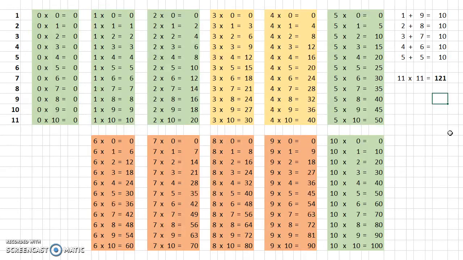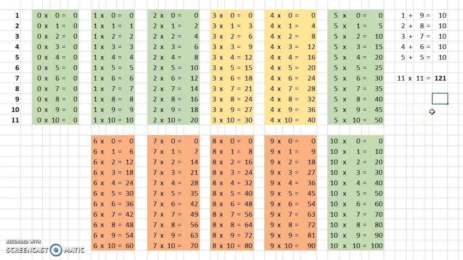Normally you would go about it by learning the first multiplication table, then the second, then the third, and you work yourself upwards. Most kids actually find it easy with the first ones. If you look at all the green multiplication tables here, those are the easy ones, and most kids would learn those quite quickly.